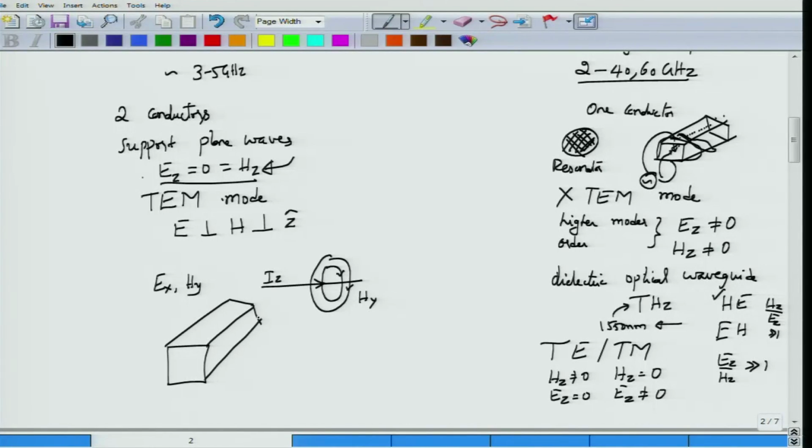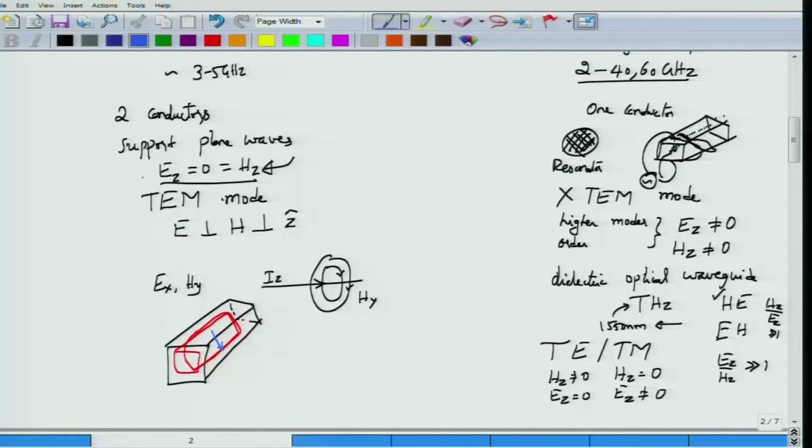If I were to assume a region of space in between, and I want a TEM mode, which means that electric field lines should drop from the top conductor to the bottom conductor, although they are actually of the same conducting thing.